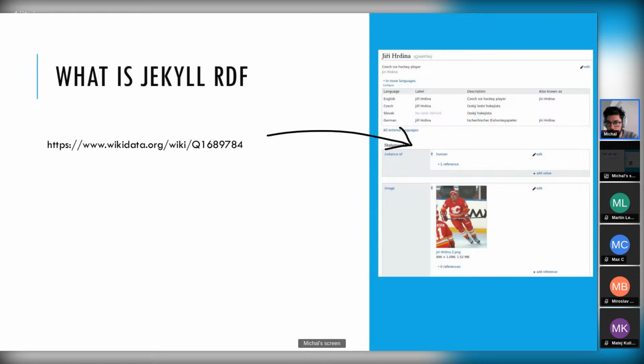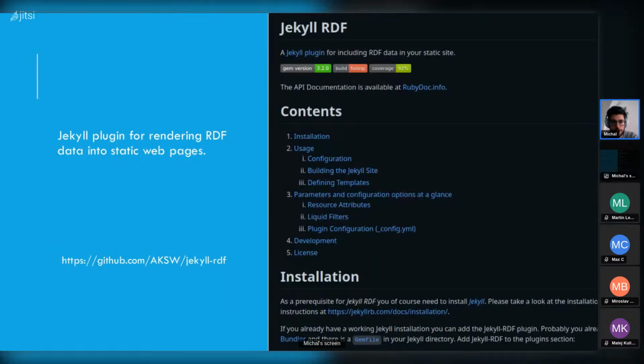And basically what Jekyll RDF as a plugin does is that it allows users to render the data in some way, which may be like this example in Wikidata. It also may be different, so I'll speak about that in the following few minutes. So basically, Jekyll RDF is a plugin for rendering RDF data into static web pages.